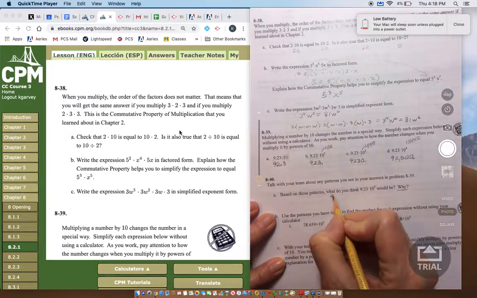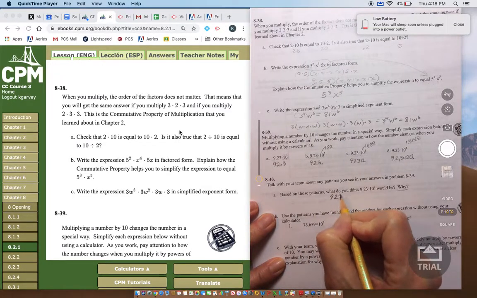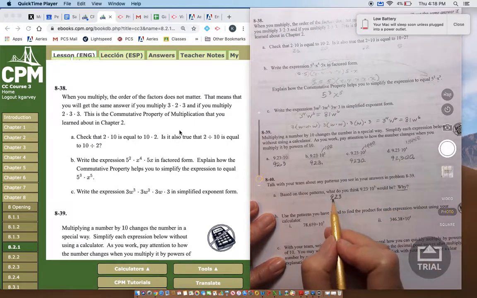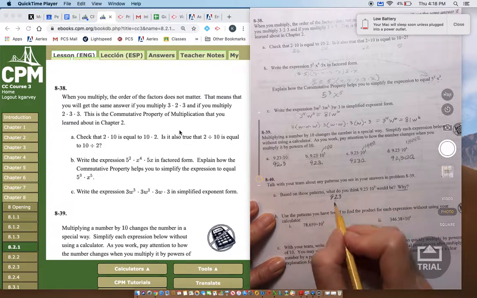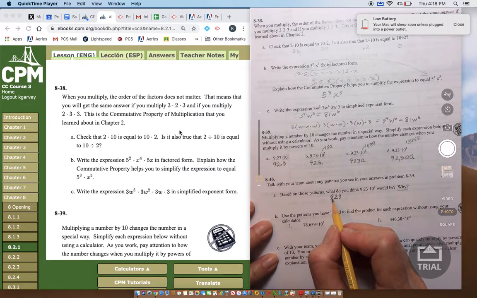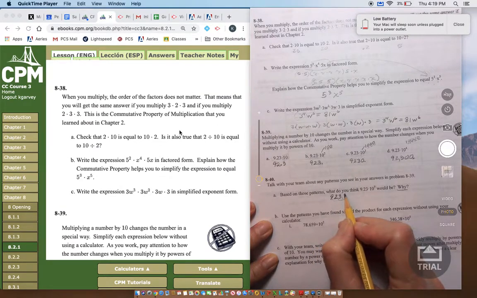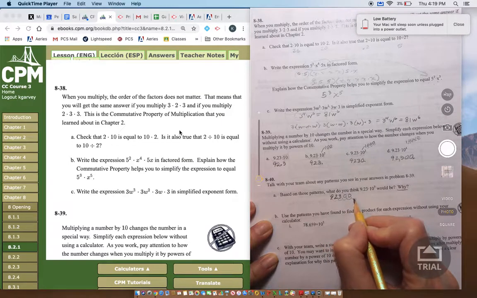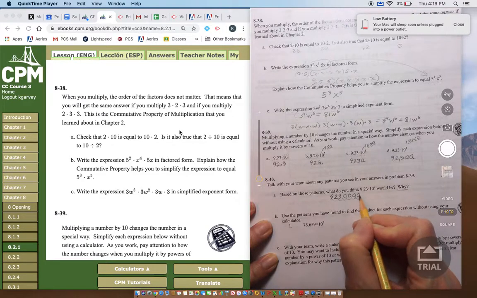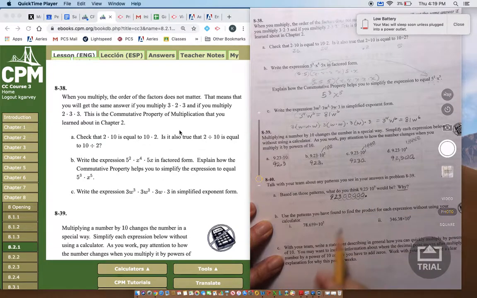If we write out 923, and we know that the decimal point was originally here, so we need to increase it by 7 place values. 1, 2, 3, we'll add a 0. 4, we'll add another 0. 5, another 0. 6, another 0, and 7. So there's our last 0, and we can put our decimal point.